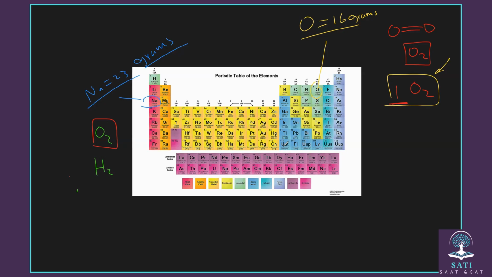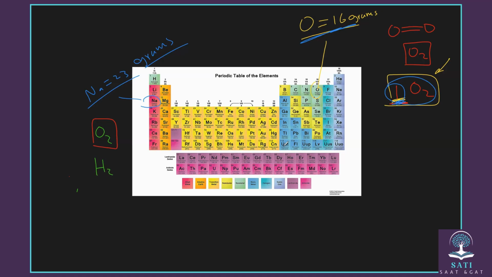So 1 mole of oxygen molecules, no longer called 1 mole of oxygen atoms, and each molecule has 2 atoms, so it represents 2 moles of oxygen atoms.